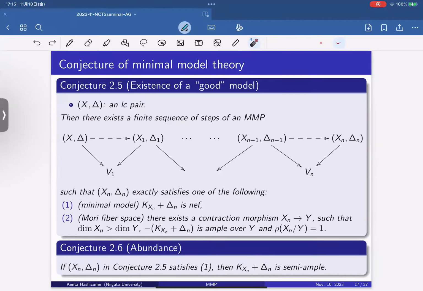The first is the existence of a good model. For a log canonical pair, there exists a finite sequence of MMP such that the resulting pair is a minimal model or a Mori fiber space.